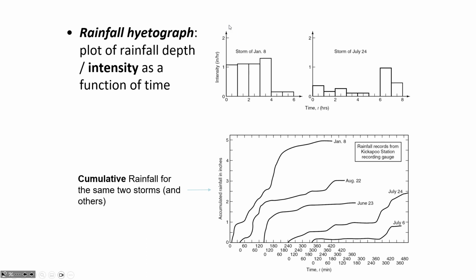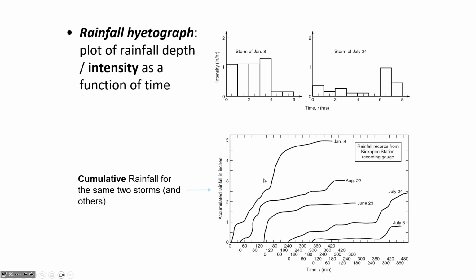So rather than being an intensity graph, the cumulative rainfall is telling you the total amount that fell for a certain storm. So the January 8th storm looks like it's nearly 5 inches, very close to 5 inches, but it's better for us to know when during January 8th that fell, because if we want to try and analyze how much runoff we observed, it's really helpful to know when was the rainfall that caused that runoff.